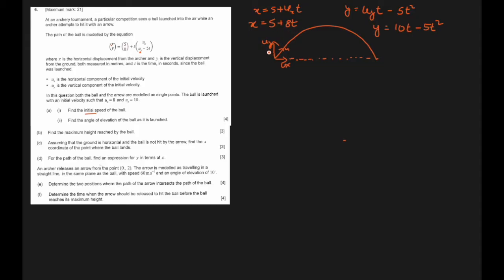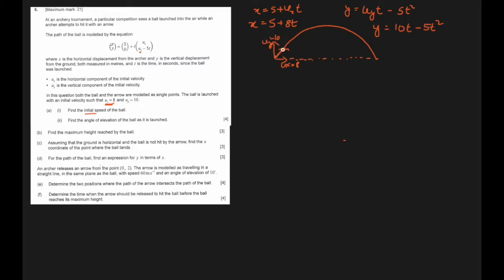So initial means when time just started. This is the speed in direction of x, and this is the speed 10 meters per second in direction of y, correct? These are the components.